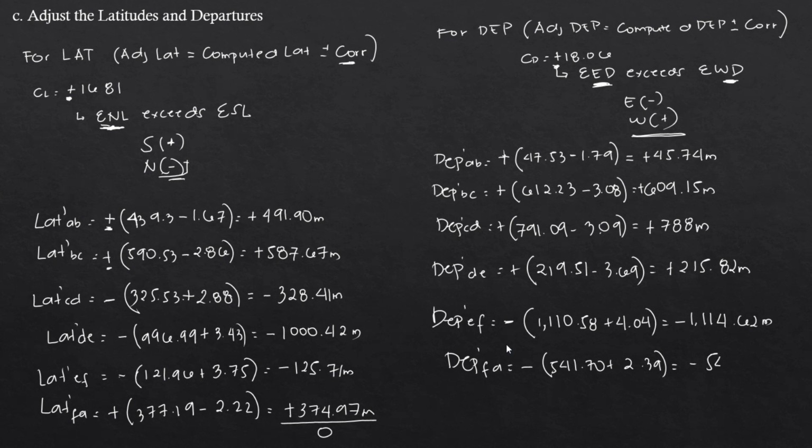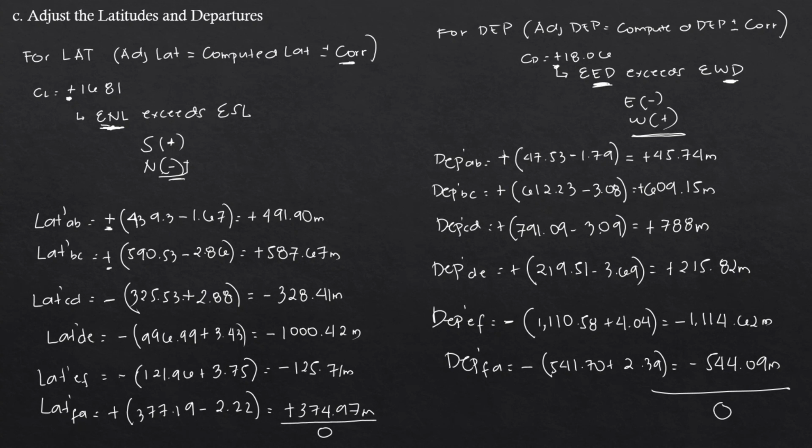Negative 544.09 meters. So pakikuha yung summation nito, dapat mag-equal siya sa 0. Ibig sabihin nun, tama na yung departure na nakuha natin. Okay, so nag-equal siya sa 0. Okay, ibig sabihin tama na yan.